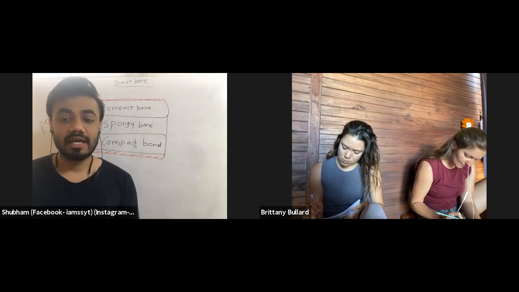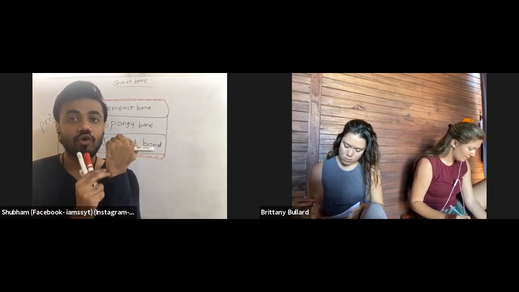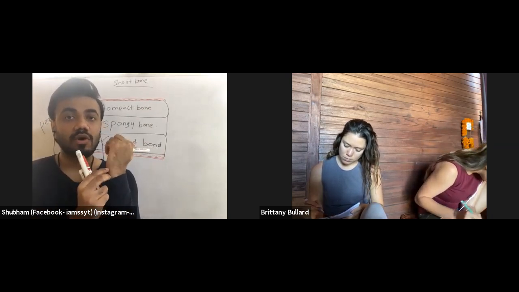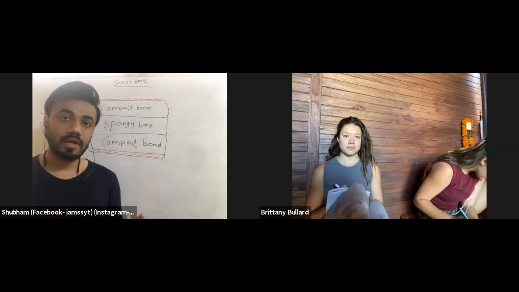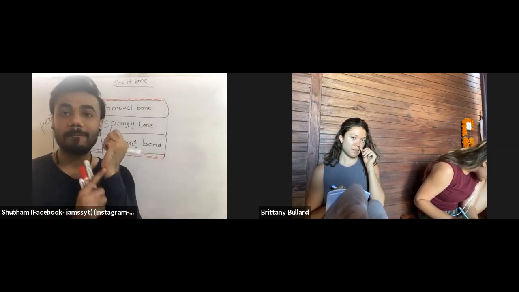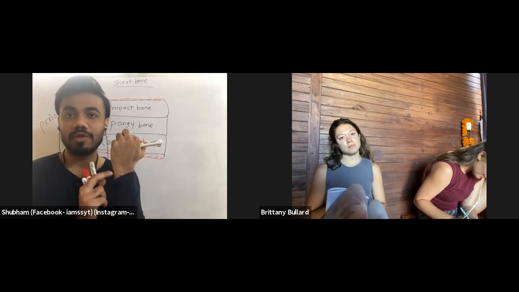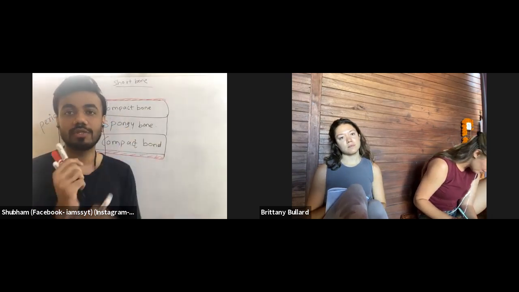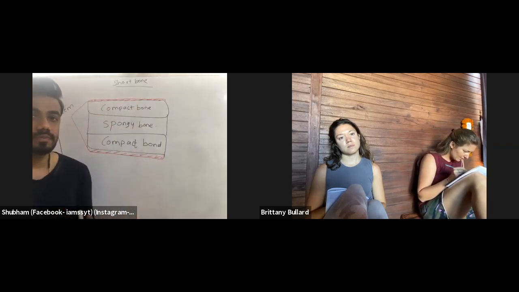I told you on Saturday, when we have a fracture or our bone gets a crack, at that time, to form new bone cells or to rebuild that bone, there are some cells known as osteoblasts. They are present on the surface of the compact bone where we have a fracture, bone crack or bone injury. That is the hard part of the bone.